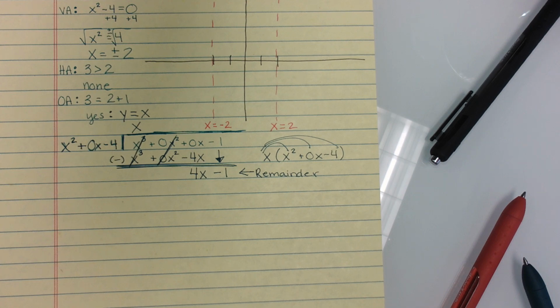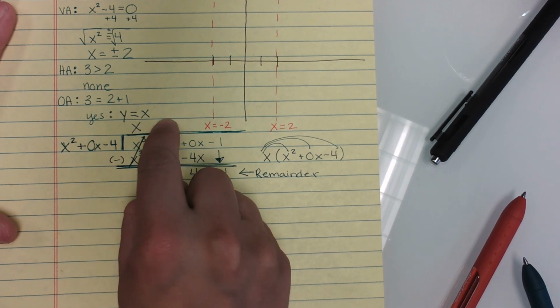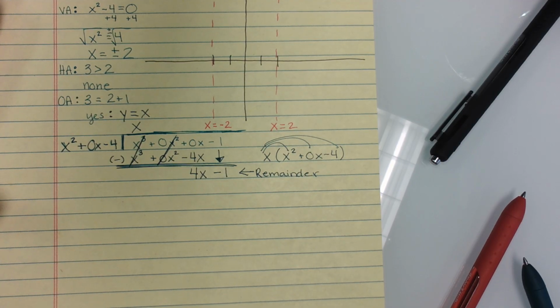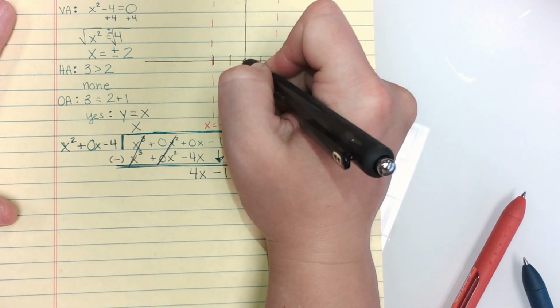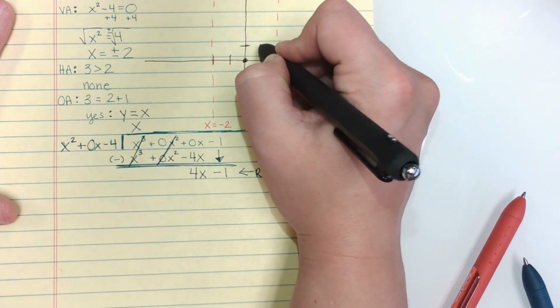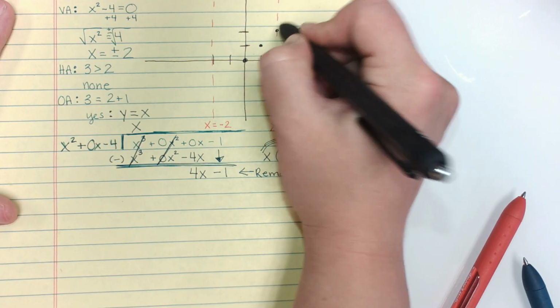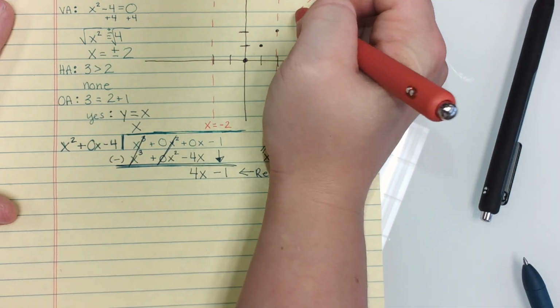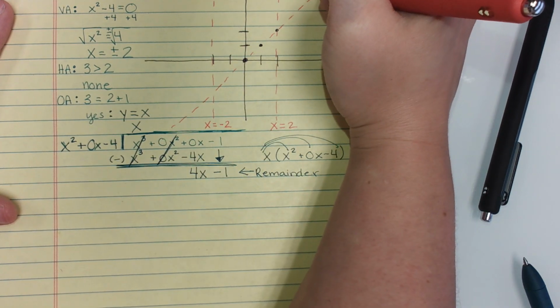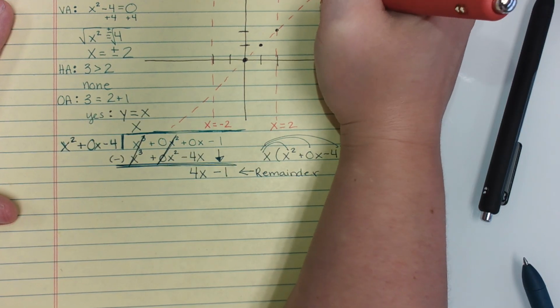What's its y-intercept? Y-intercept should be the constant. Currently it's y equals x plus what? 0, which means the y-intercept is 0. What's the slope? 1, which means I'm going to rise 1, run 1. Once I have 3 dots, I got the idea of what my line is doing. And I graph it. Remember to label all of your asymptotes, which means I'm labeling this one y equals x.